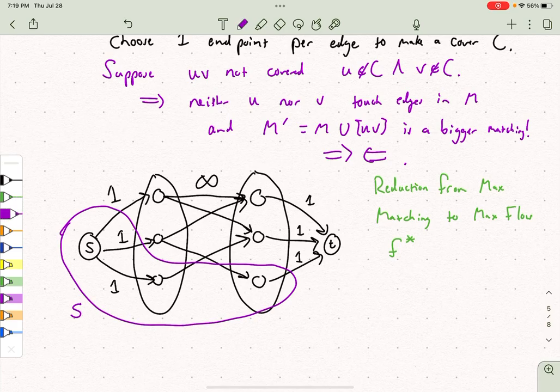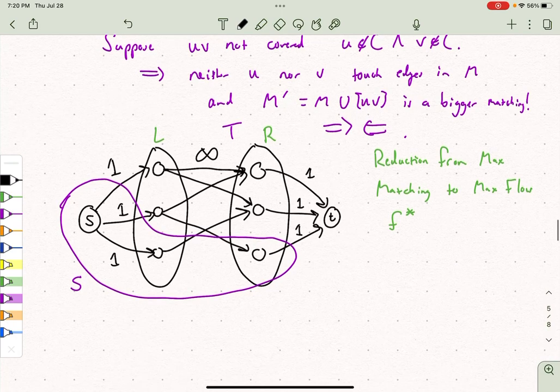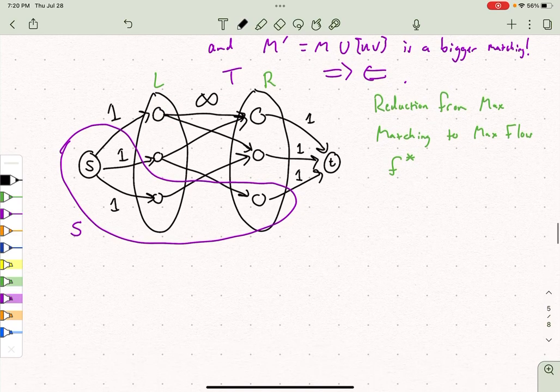So this is S, this is T, and this is L and R. So why does S have to look like this? That's because otherwise it contains an infinite edge. But we'll talk more about that in a second.